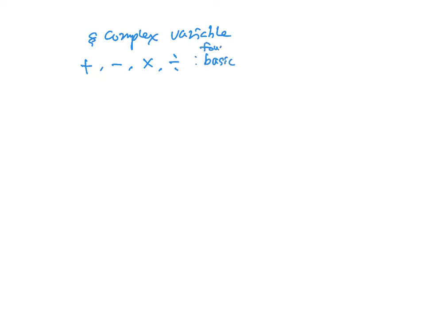The 4 basic arithmetic operations. And if you start with some particular number system, and then you operate these 4 things, and then you obtain the same number system, then you say that particular number system is closed to the 4 basic arithmetic operations. So start with some set of numbers.